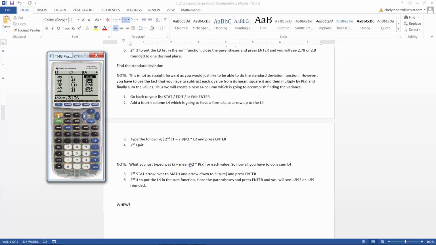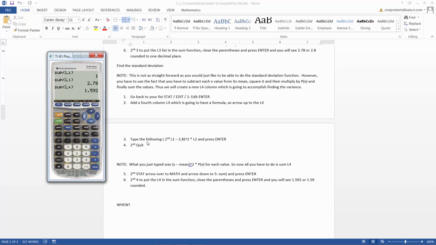If I go back to my second stat, my math, my sum, see how many times we've done this? You have this memorized by now, right? Oh, I didn't get out of there, so I should get out first. Second stat, math, sum, and I want to sum L4.